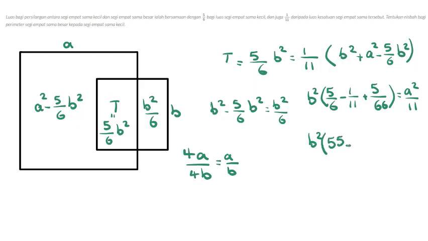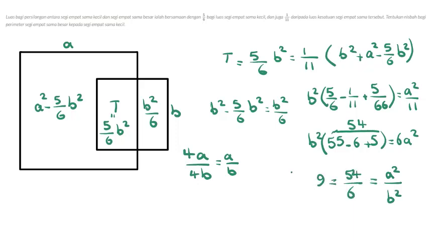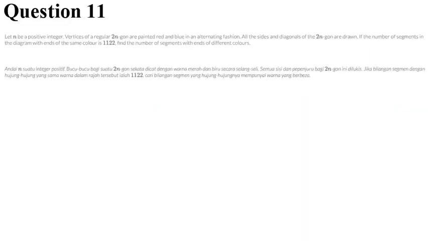It will be 55 because 11 minus 6 plus 5 equals 66. It will be 6A squared. 55 plus 5 is 60, minus 6 is 54. So we can say A squared over B squared is 54 over 6, which is 9. So A over B is 3.